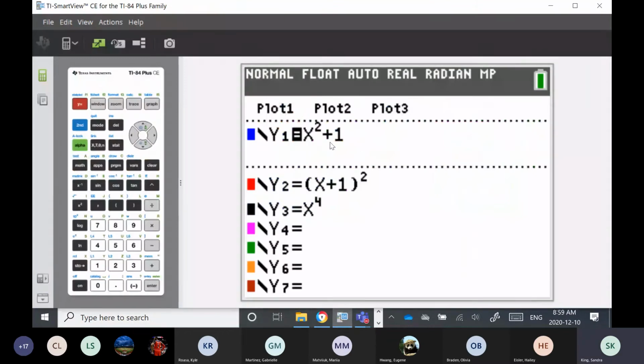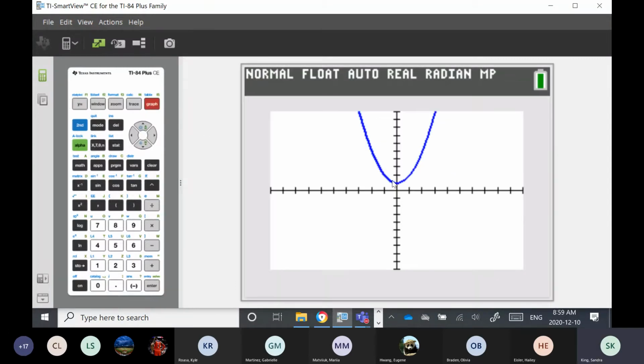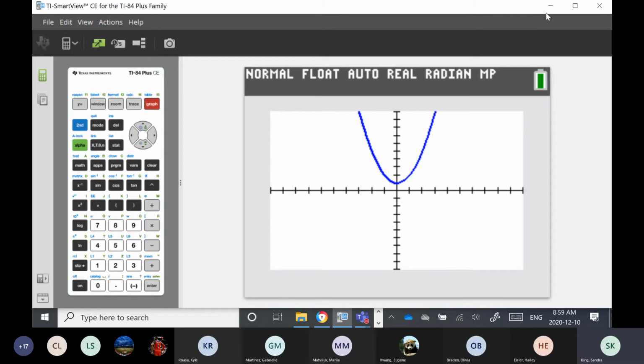So here's that first equation, x squared plus 1. I've got that equation selected. If I graph this, it gives me a parabola, and the minimum value is at 1. So the domain of this parabola is x belongs to the reals, and the range is y is greater than or equal to 1.